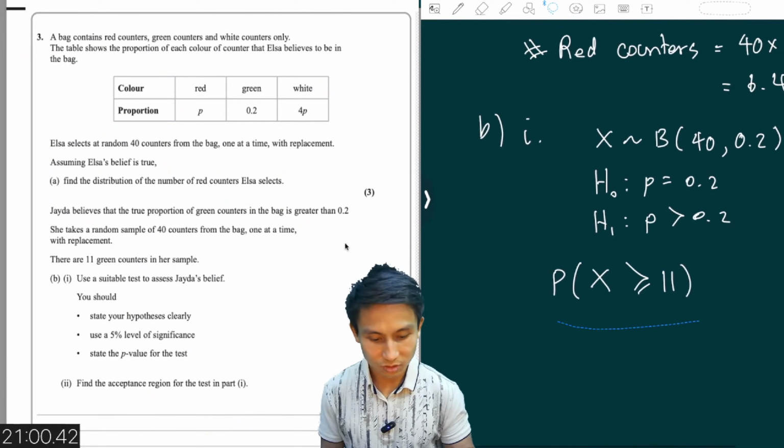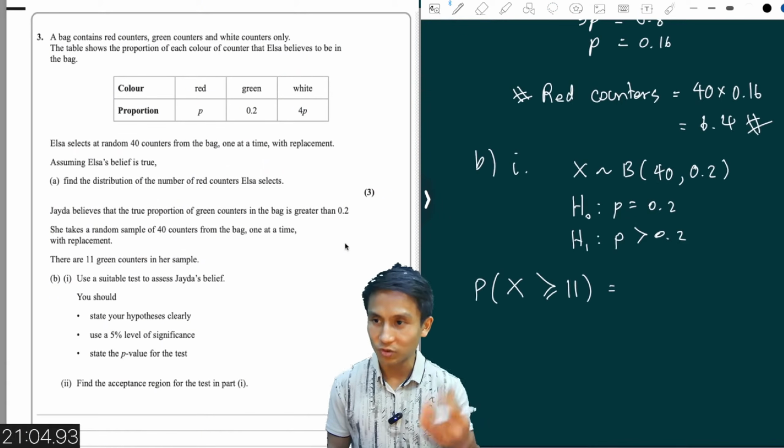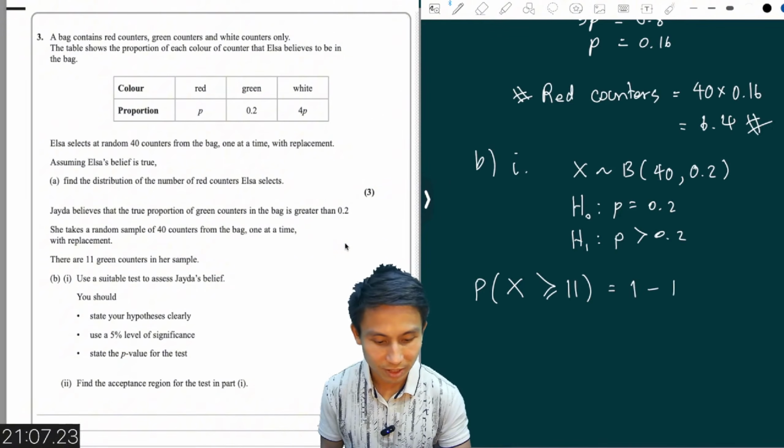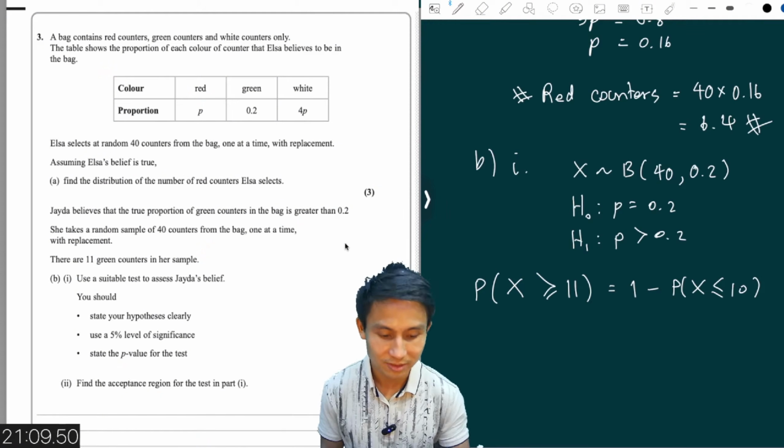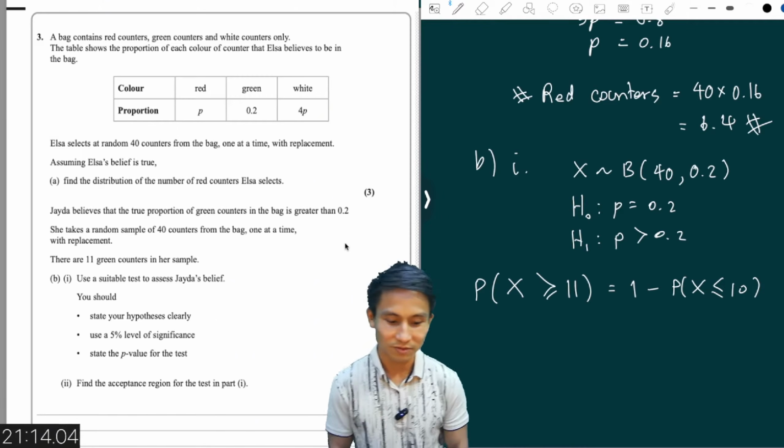Basically if you do it in the calculator, you should find 1 minus P(X less than or equal to 10) instead, because the calculator can't do the upper tail of the binomial.